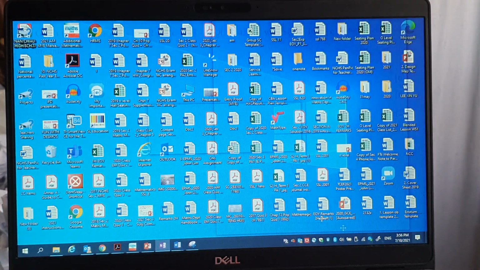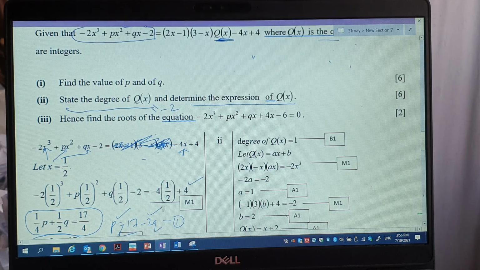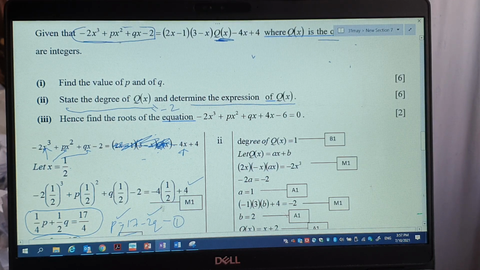Just now I mentioned the degree of QX, wait. QX is here. QX is not this one. My fault for not reading the question carefully. QX is this one. But why is the degree of QX equal to 1? Okay, sorry, I got tricked by my own question.